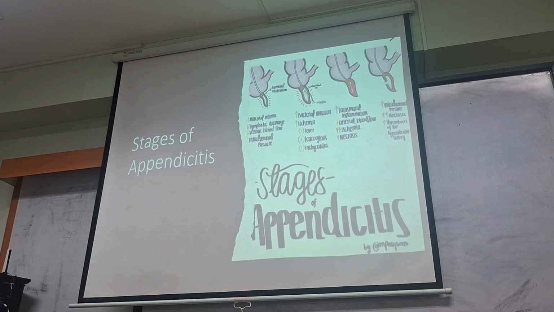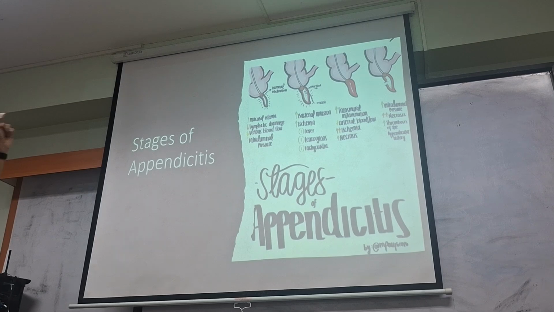This is applicable to end organs, like the appendix or the gallbladder, for example. What happens initially is the venous side gets impeded because there's an accumulation of fluid, or edema formation in the appendix.